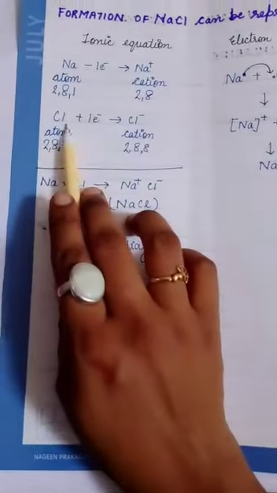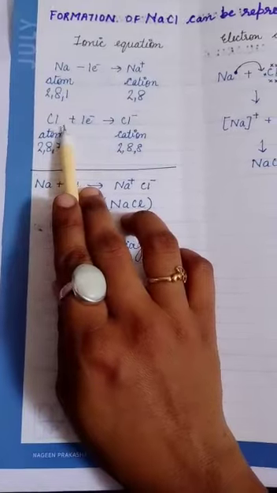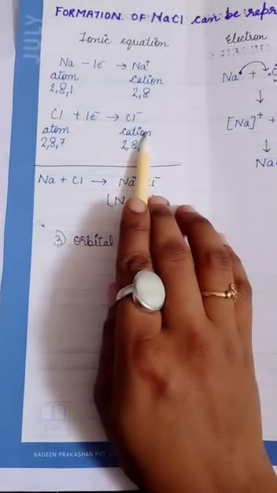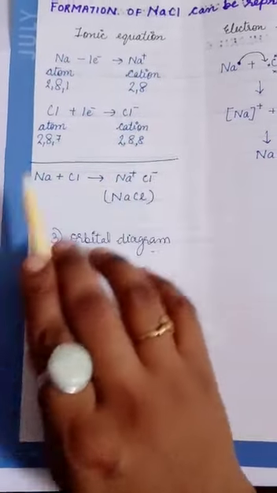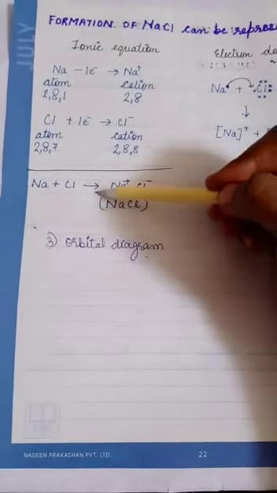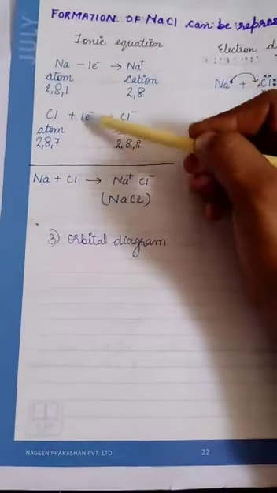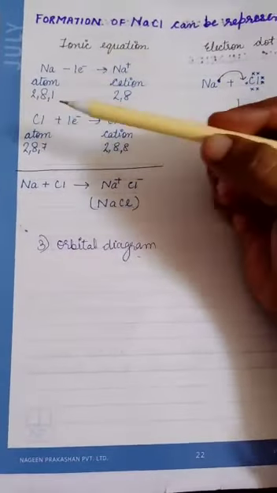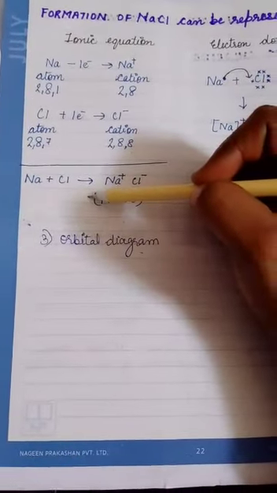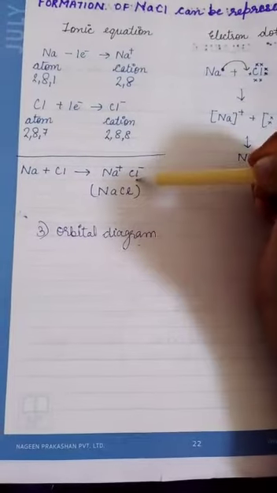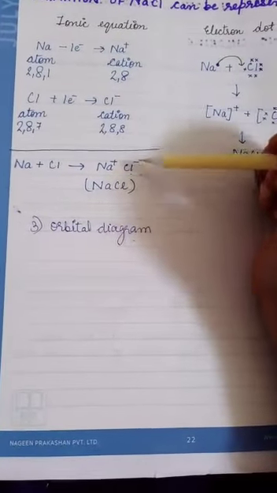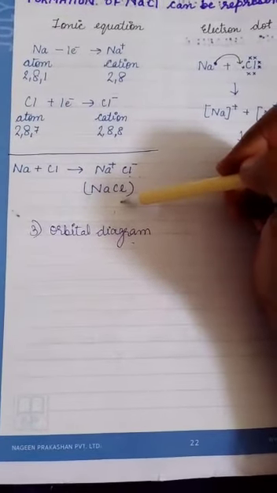Now a chlorine atom will tend to gain one electron and get converted to a chloride ion. Now in this ionic equation you can see here, Na plus Cl, the minus 1 and plus 1 will get cancelled. Na plus Cl will give you Na plus and Cl minus ions, which will get converted to NaCl.